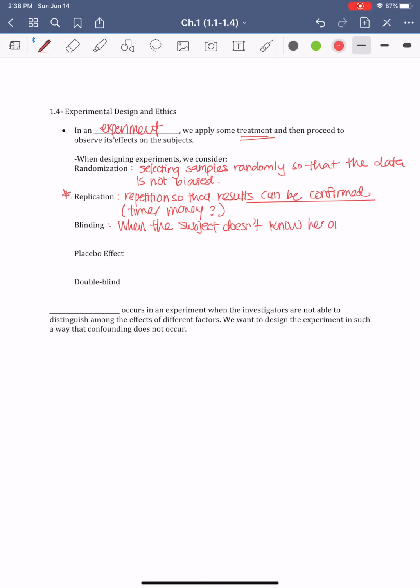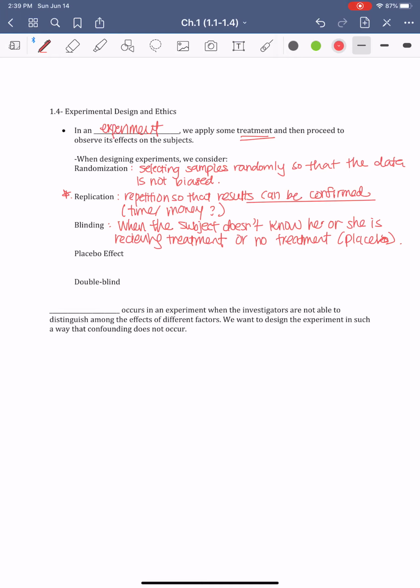We call no treatment, another word, a placebo. Okay. Why do we not tell the group, oh, you're in a treatment or no treatment group? Well, it can give you a biased result.